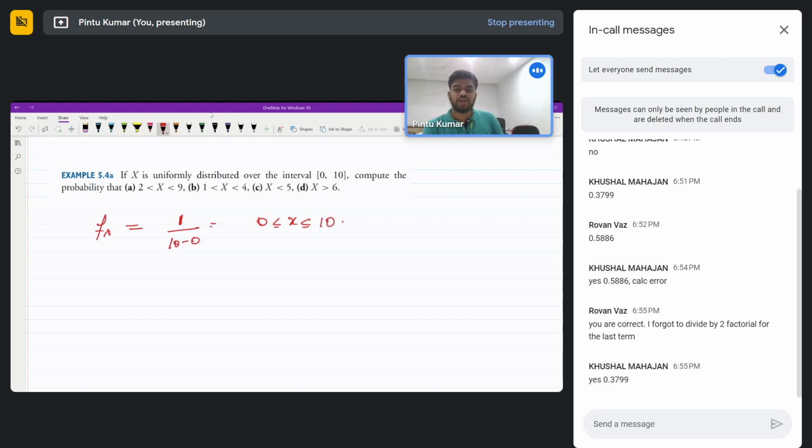This is nothing but 1 by 10. You want to find the probability that x lies between 2 to 9. So the probability that x lies between 2 to 9 is the integration from 2 to 9 of 1 by 10 dx.